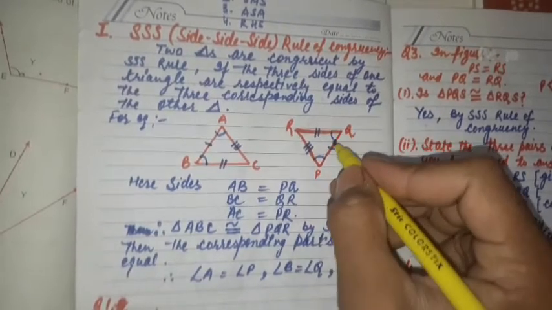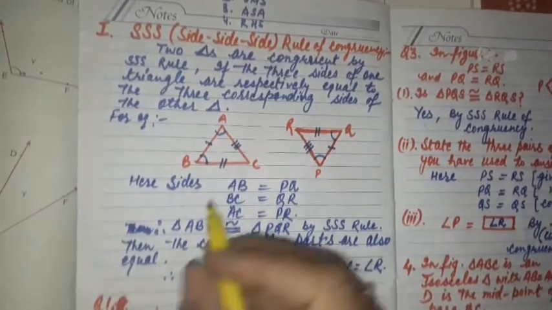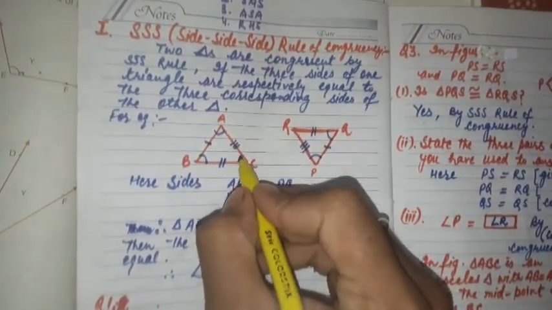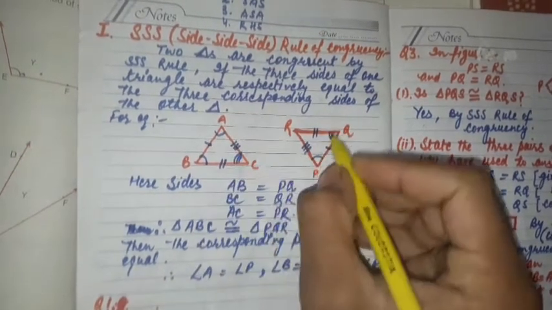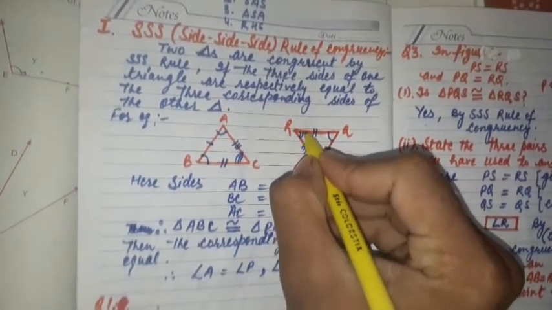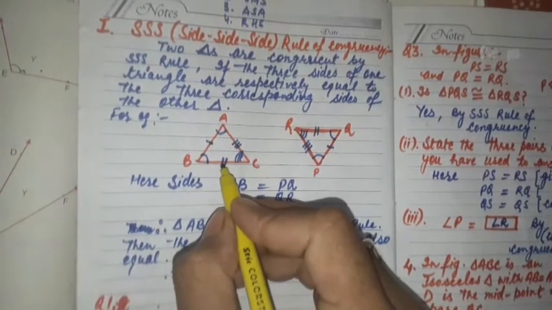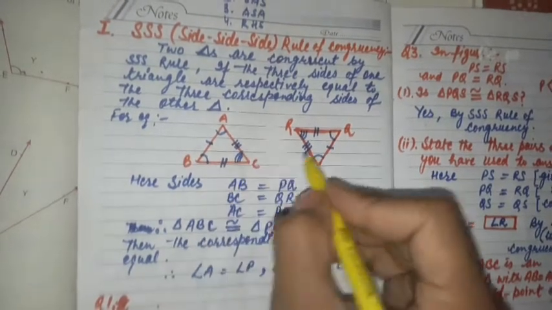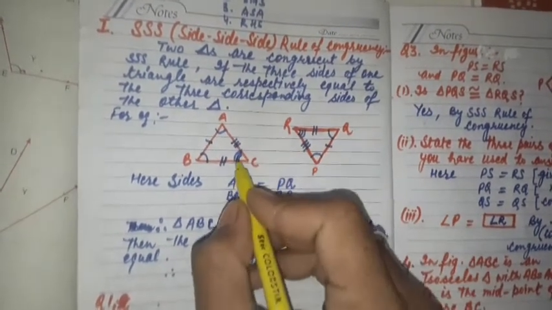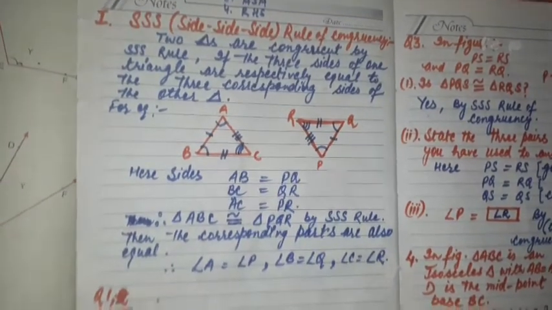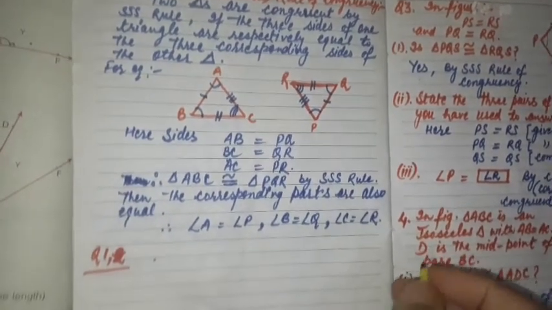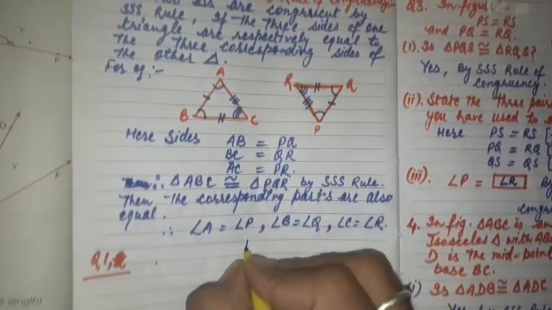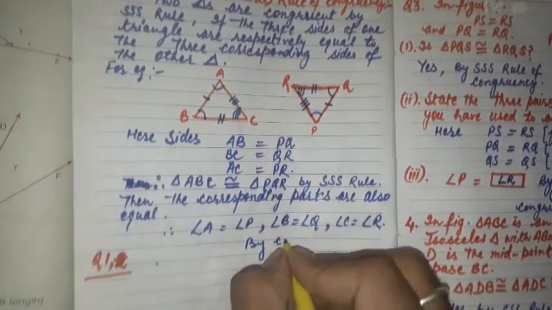So angle B is equal to angle Q. Angle C is equal to angle R, which lies between the sides having two cut and three cut. So all these corresponding angles are equal with each other by the CPCT rule.